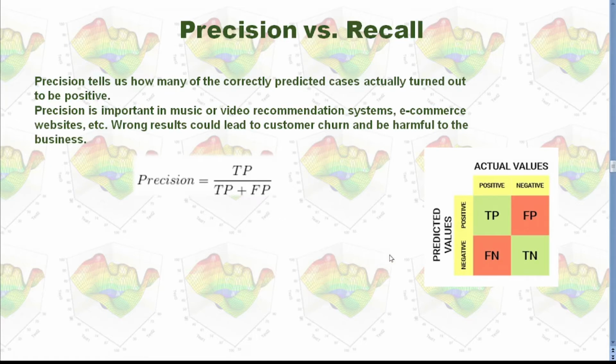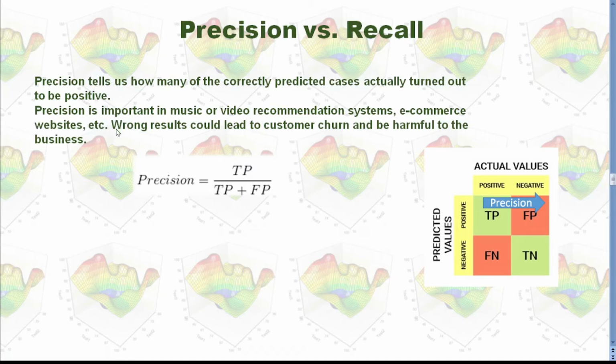In this case, we will consider when we predict the value is positive, and among those predictions, how many are true positive. So precision equals true positive divided by true positive plus false positive. So when we calculate precision, we consider this direction.